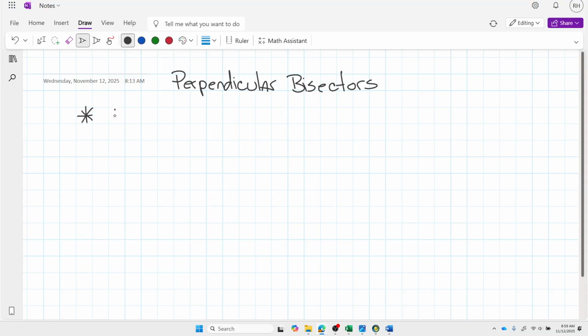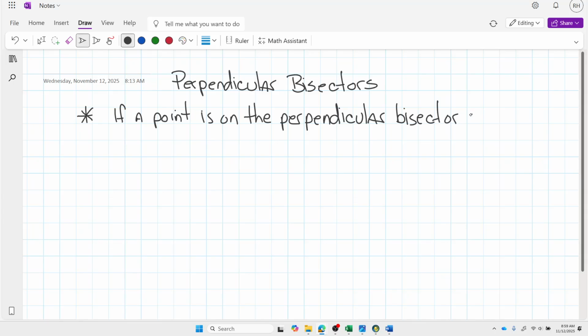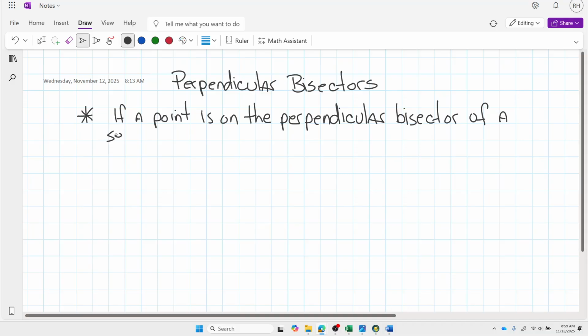And it states that if a point is on the perpendicular bisector of a segment, then it is equidistant, or equal distance, from the endpoints of the segment.